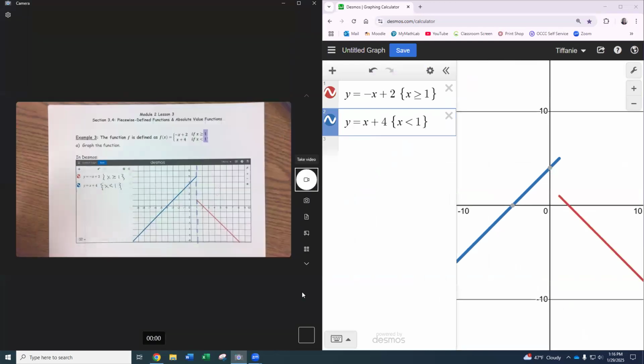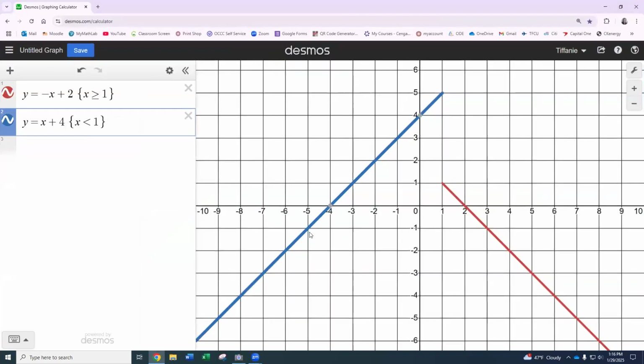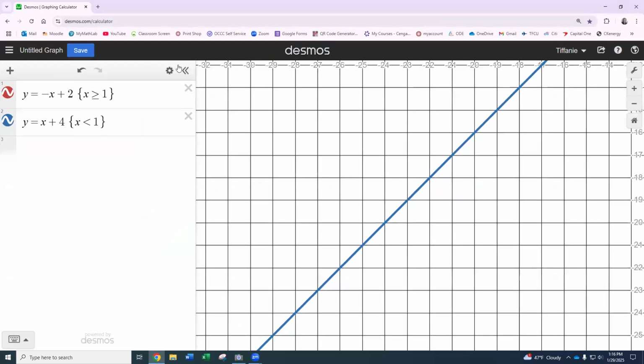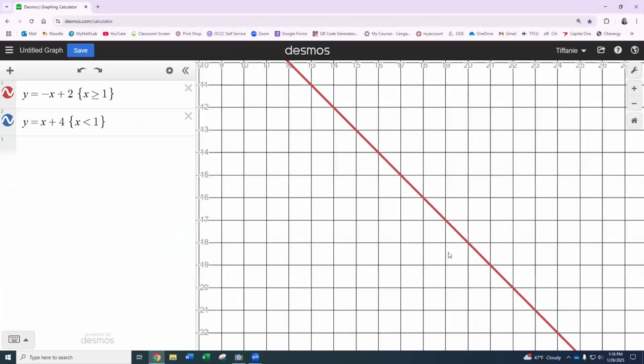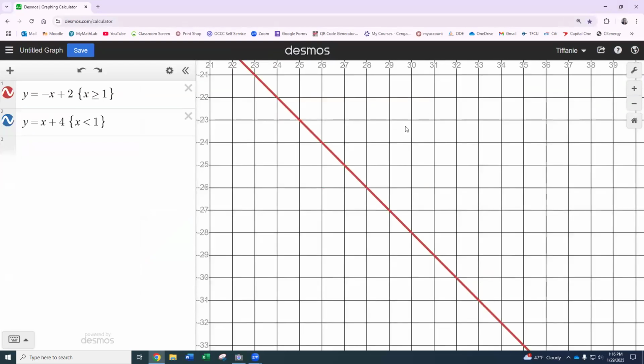And really, we're not graphing this by hand. So 90% of this lesson, maybe 80% of this lesson, is just, do you know how to type this into MyMathLab? Okay. Now let's remember it's going to go down in this direction forever, and it's going to go down in this direction forever.